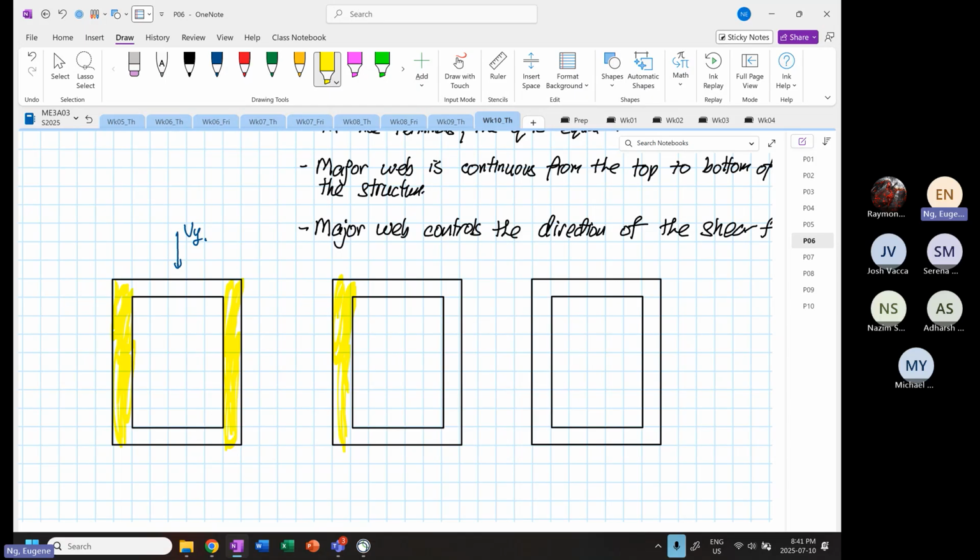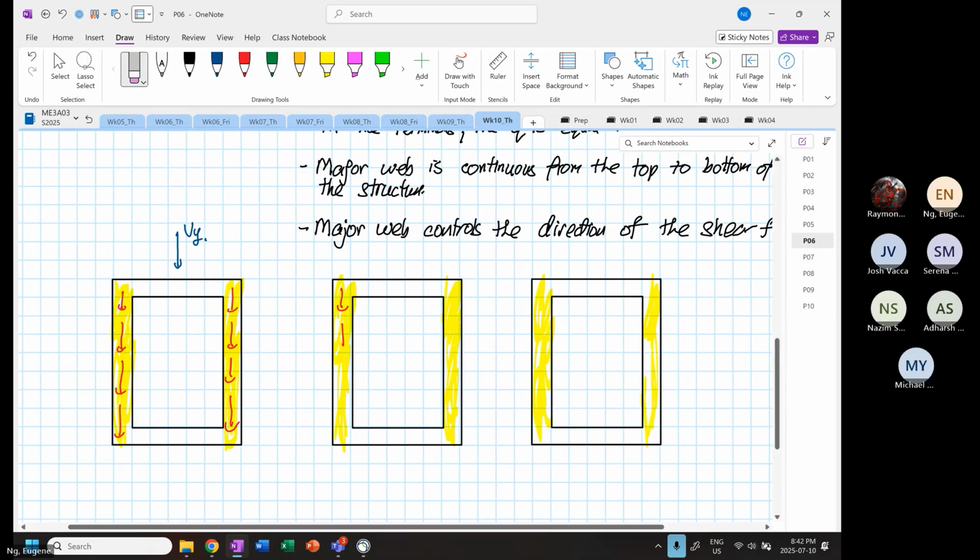These are all your major webs. The major web controls the direction of the shear flow.